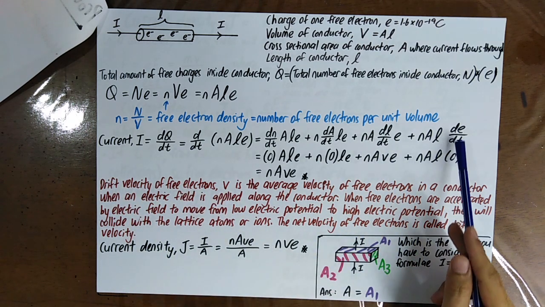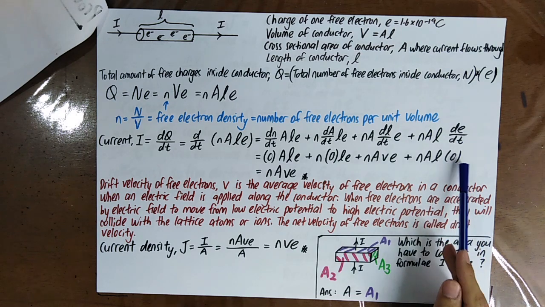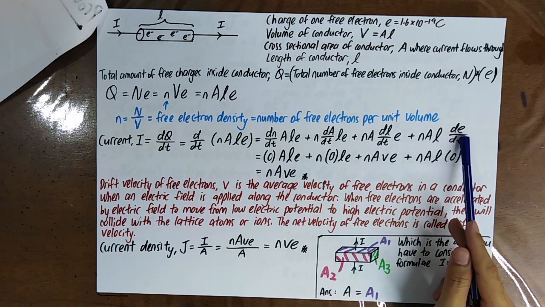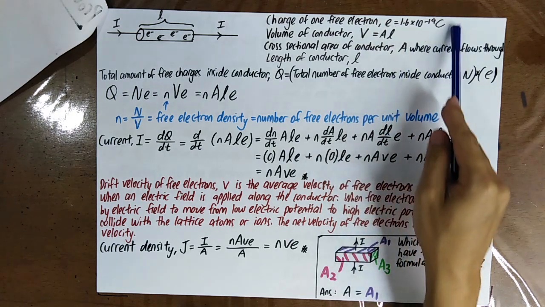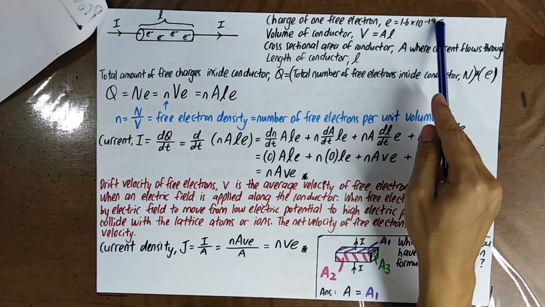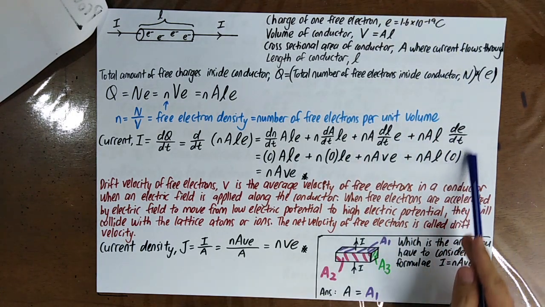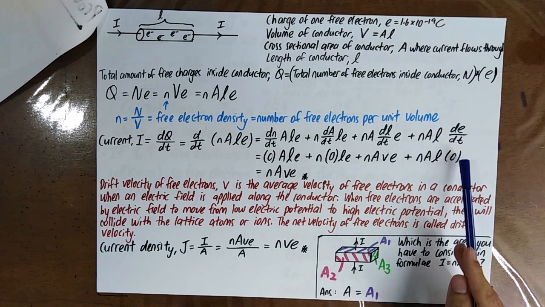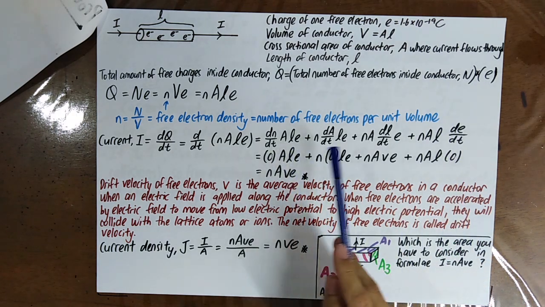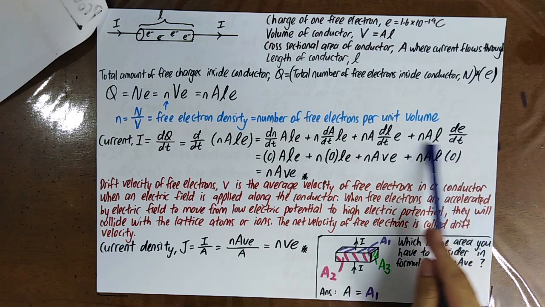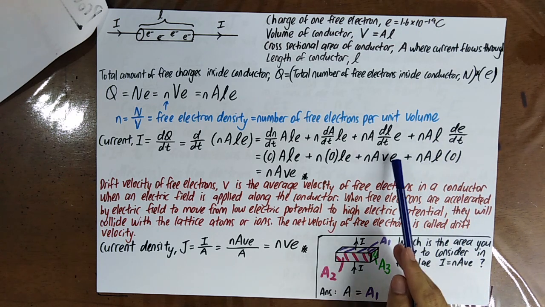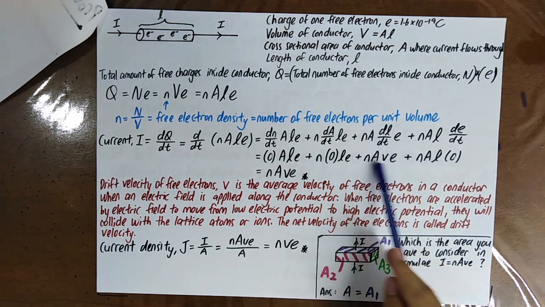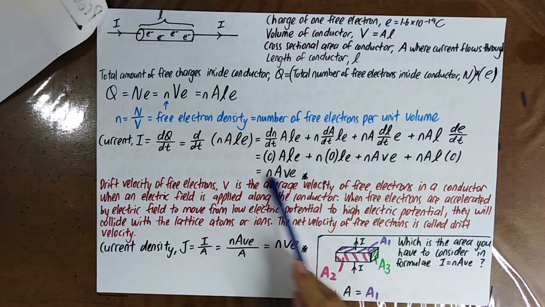And de over dt is equal to 0, because the charge of an electron is just a constant value, 1.6 times 10 to the power negative 19. When you differentiate a constant, you get 0. So these three terms have zero value, and you are only left with this term.